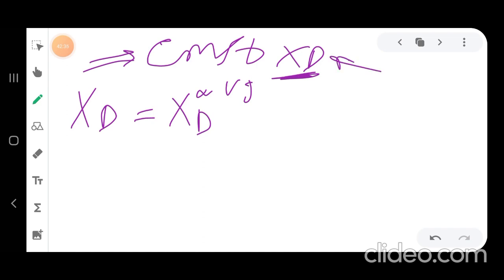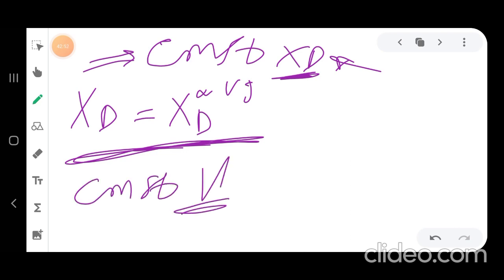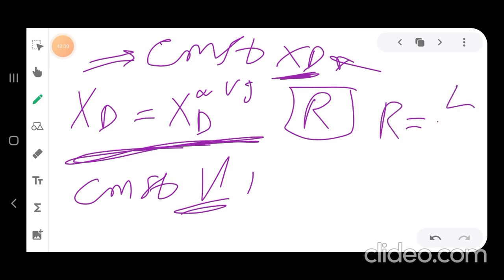So this is a very good assumption that we can make in order to solve this type of problem. But again, the problem here is that we are going to assume constant boil up, constant V. But the reflux ratio is not constant, and you know that R is L over D, so this one is not constant.